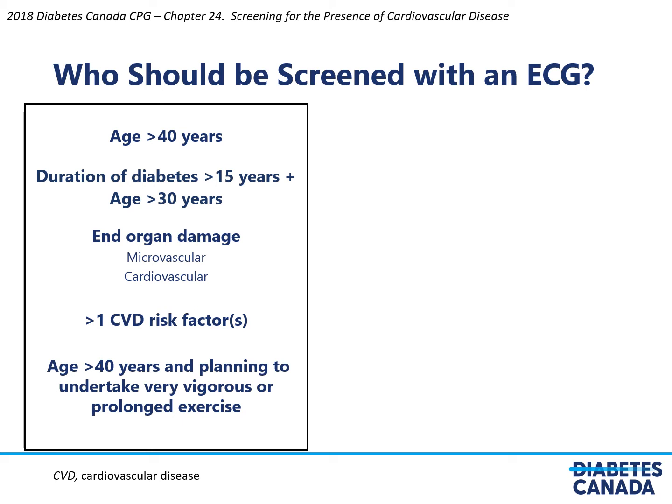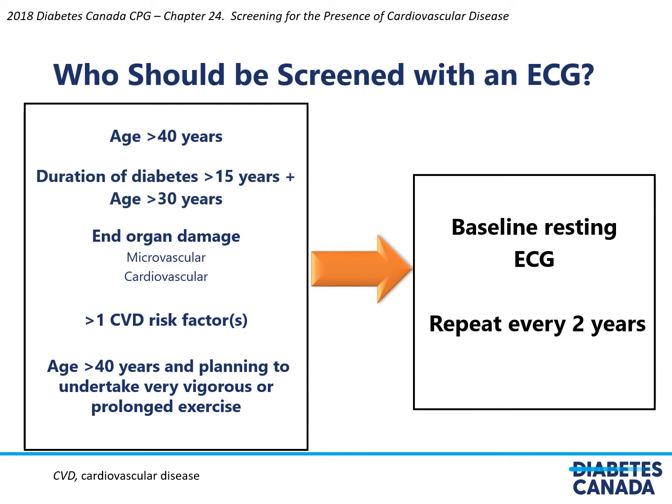Other things that would make you get a baseline ECG include having more than one cardiovascular risk factor, or being age over 40 and planning to undertake very vigorous or prolonged exercise. In individuals such as that, a baseline resting ECG is appropriate, and the ECG should be repeated every 2 years, looking for Q waves or STT abnormalities or other abnormalities on the ECG suggestive of coronary artery disease.